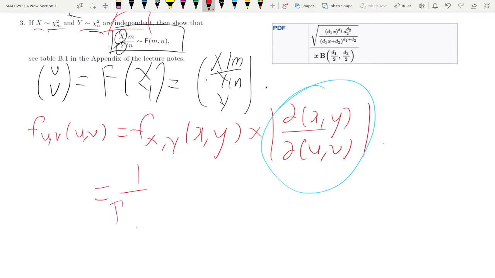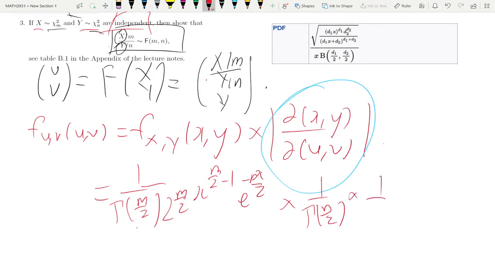So x follows chi-squared m, and that's the same as gamma with parameters m on 2 and 2. I'll write out the coefficients: 1 on gamma m on 2, times 1 on 2 to the m on 2, x to the m on 2 minus 1, exponential negative x on 2, times 1 on gamma n on 2, times 1 on 2 to the n on 2, because it's the y distribution now, y to the n on 2 minus 1, exponential negative y on 2.